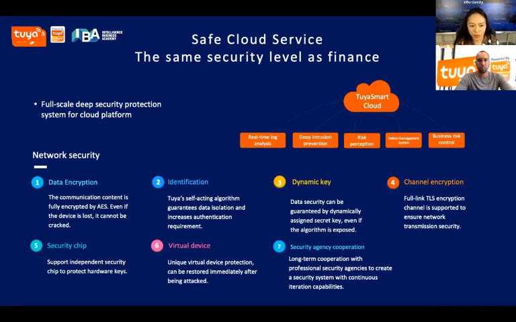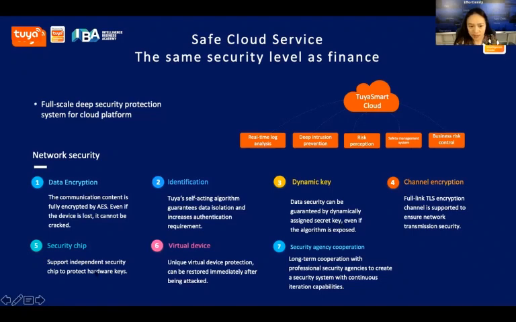We also use extra AES 128 encryption, and for data storage, we adopt AES 256 and hash security algorithms to ensure the security of all sensitive data. We also use identification, which can guarantee data isolation and increase authentication requirements, dynamic keys, security chips, which can be used by you, and virtual devices.